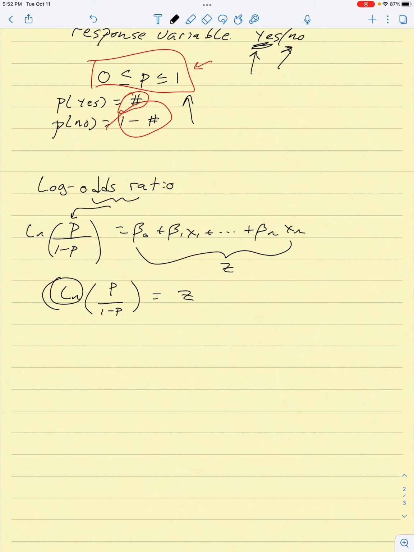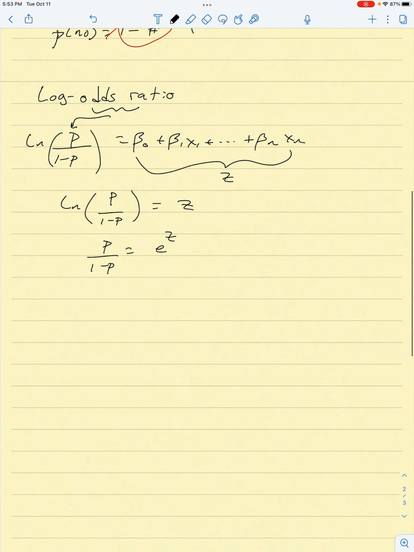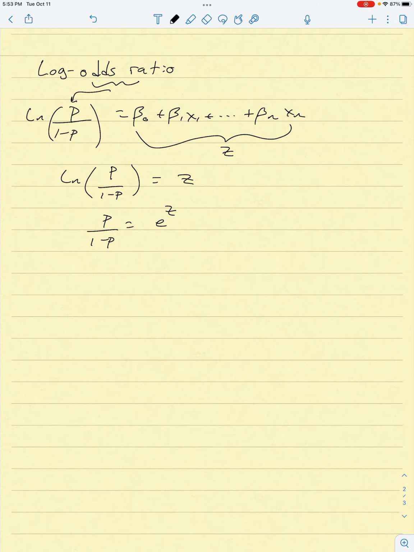And to undo a natural log, algebraically, you have to exponentiate both sides. So this is going to be p over 1 minus p equals e to the z, exponentiating both sides. And then solving this equation for p, here's what we get.